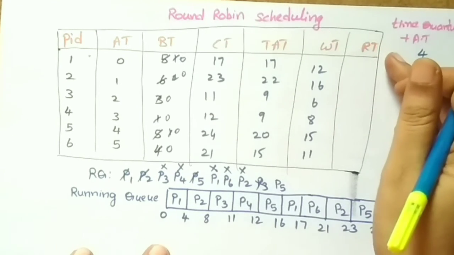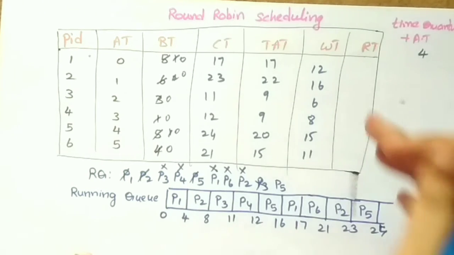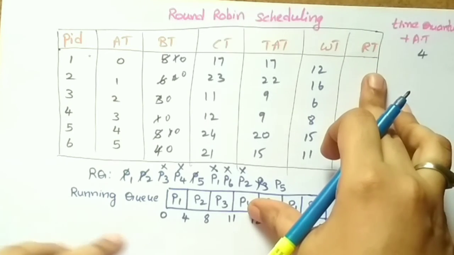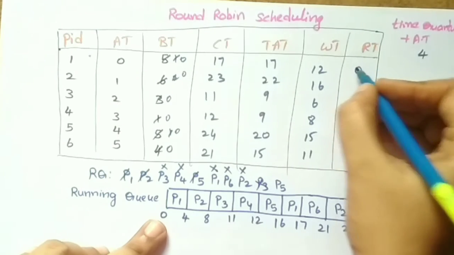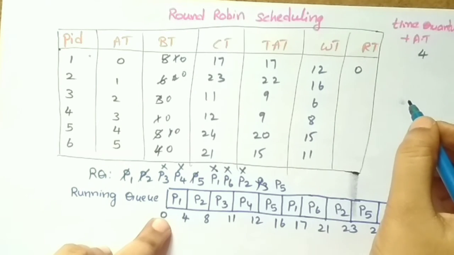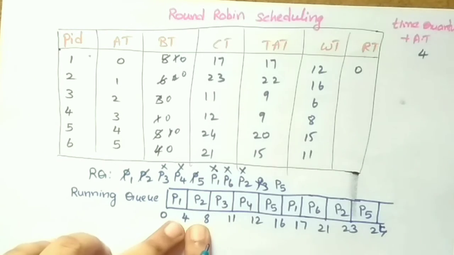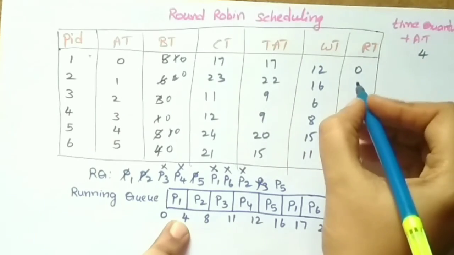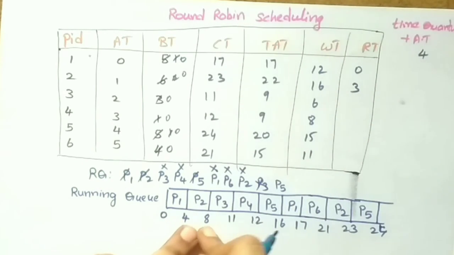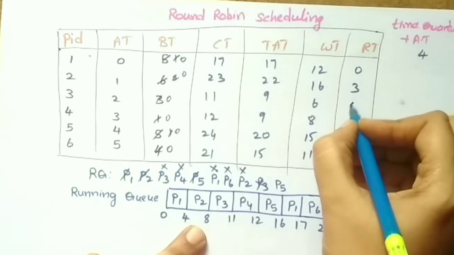And the last one is response time. For the response time, we have to take the CPU first time minus arrival time. What is CPU first time for the P1? 0. So 0 minus 0, 0. For the P2 the first time is 4. 4 minus arrival time 3. For P3, 8 minus arrival time 2, that is 6.